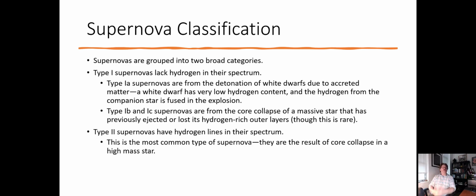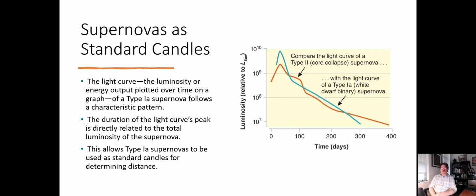Because of the hydrogen being ignited, which creates the type 1a supernovae, you have a deficiency of hydrogen in the spectra. But in type 2 supernovae, a lot of hydrogen actually survives. So if you look at the two spectra, you can tell the difference.